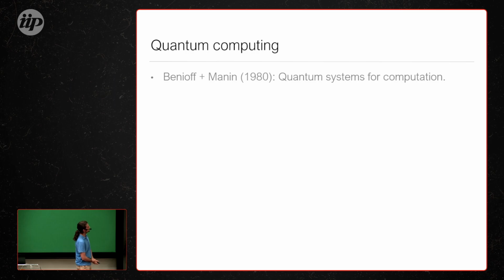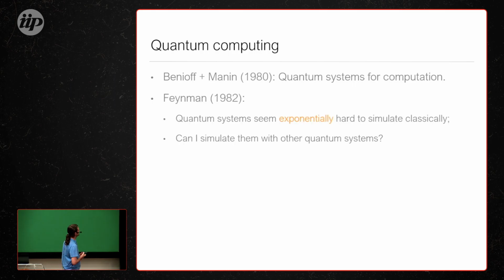The idea of quantum computers arose in the 80s. Benioff and Manning talked about using quantum systems for computation. But there's a talk by Feynman, considered one of the first places where this idea was fleshed out more seriously. What he noticed was that quantum systems seem to be exponentially hard to simulate on a classical computer.